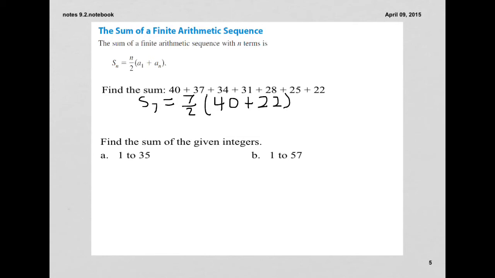That gives me S of 7 equals 7 halves of 62, and that's going to be equal to 217.